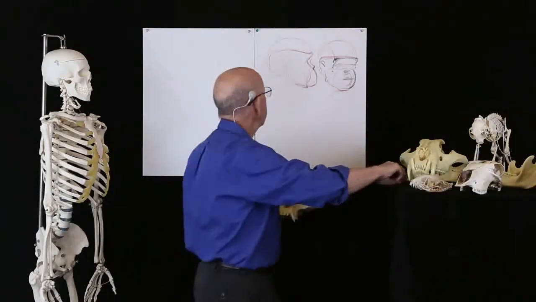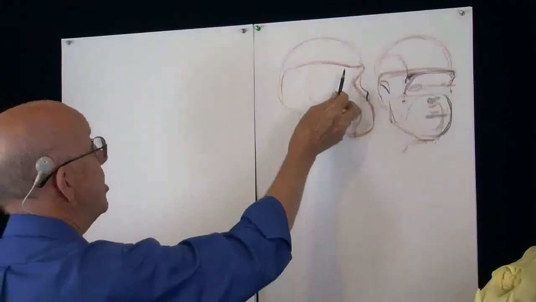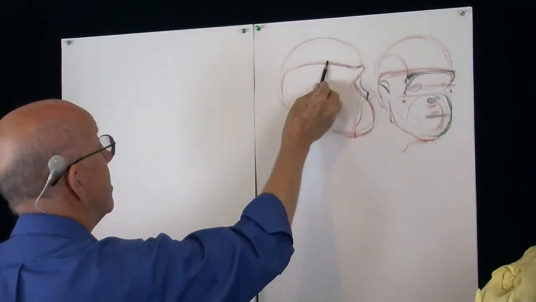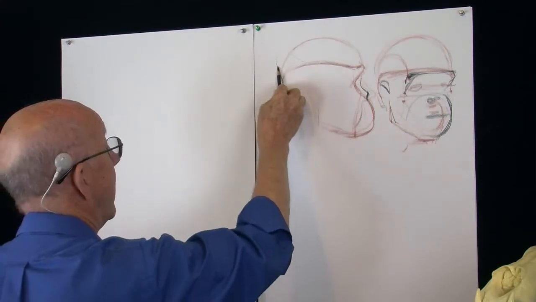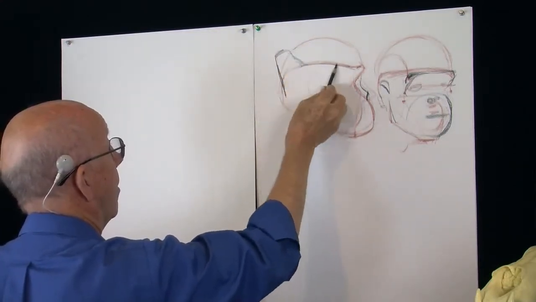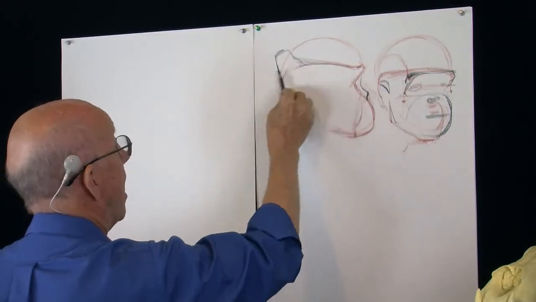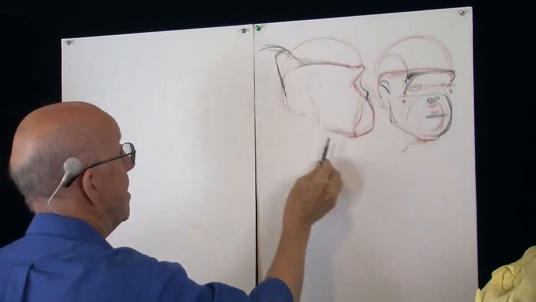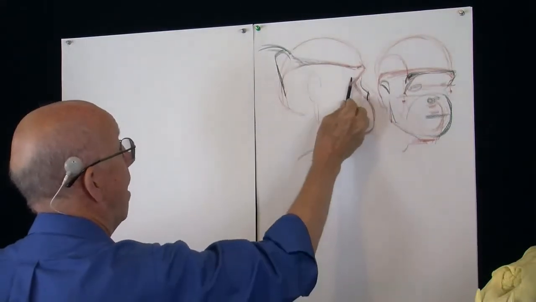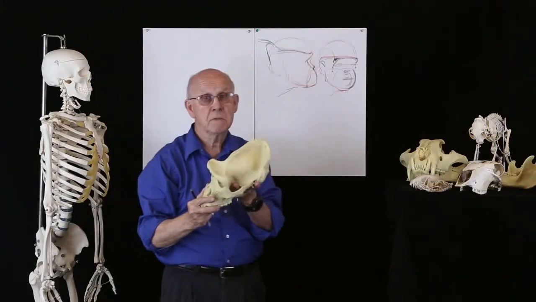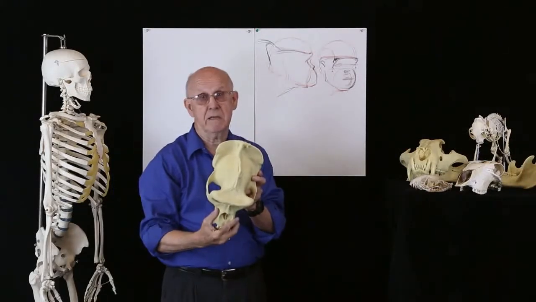So if we take the chimp and raise this platform back here up, and we start coming through, and we add the muscles onto here, we've got the muscles coming up here, coming down here. You've got a gorilla. It's nothing more complicated than that.